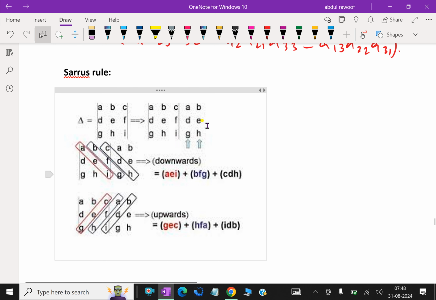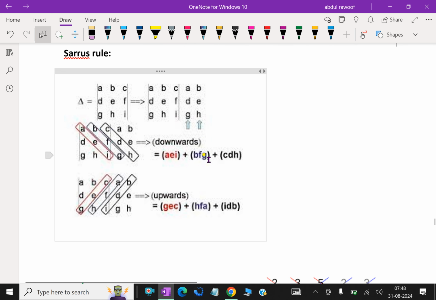In this, look at this. You have to follow these diagonals like A, E, I, B, F, G, and C, D, H. The elements are multiplied, A E I, B F G, and C D H. These are added.